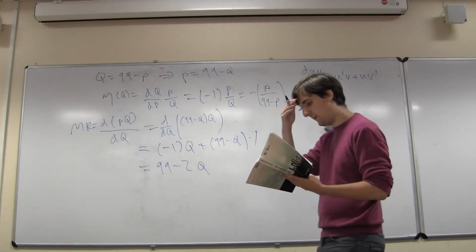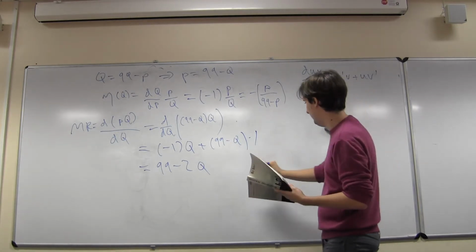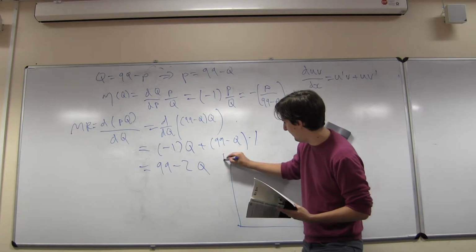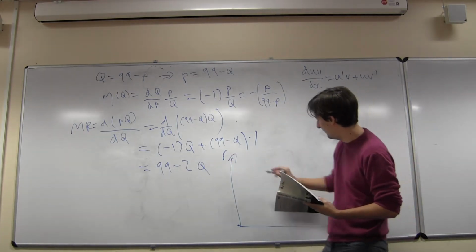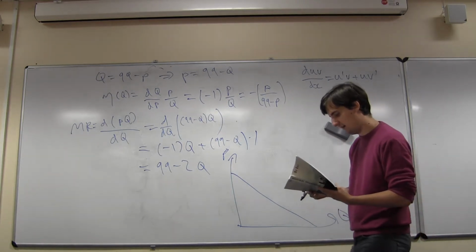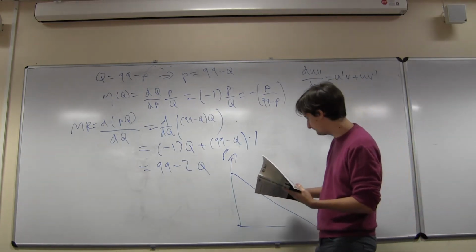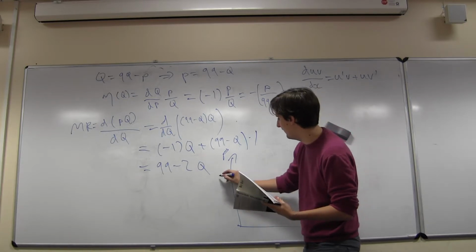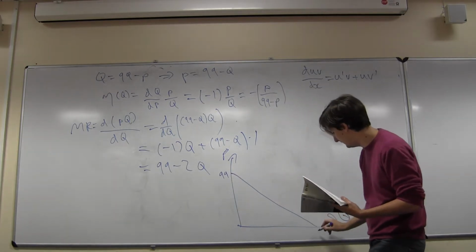And then the final part of the question is about consumer surplus. Okay, so remember we've got price, quantity, some demand curve. Okay, so here's our demand curve, so this is 99, and this is 99.